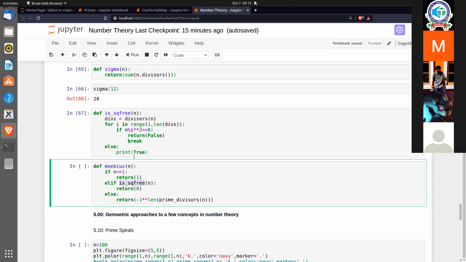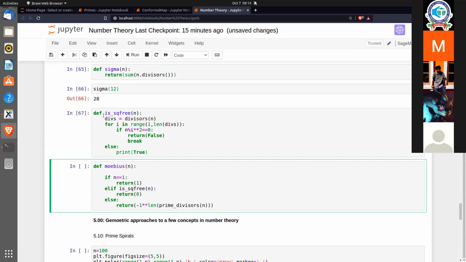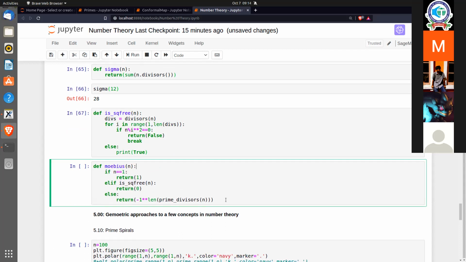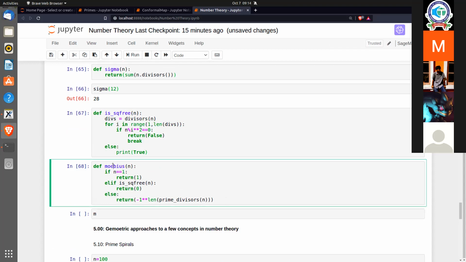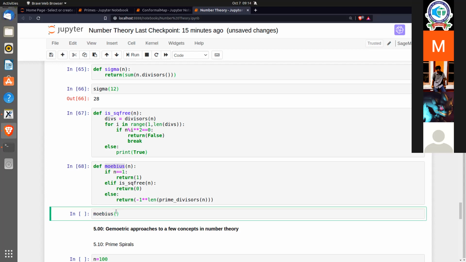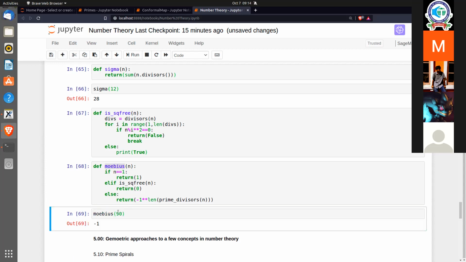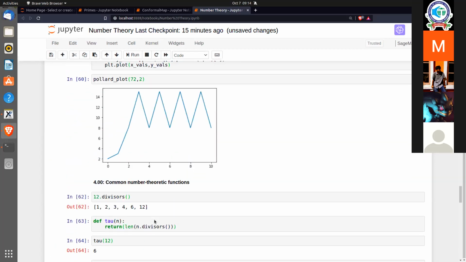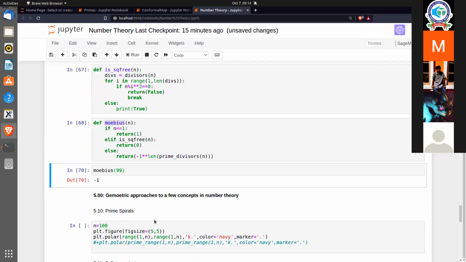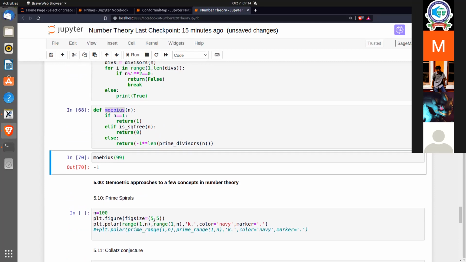I also could have just defined the square free function inside. It would amount to the same thing. But now I can check for any value here, and it will give me a return value. Okay, so those are some of the aspects that we've already covered in the course.